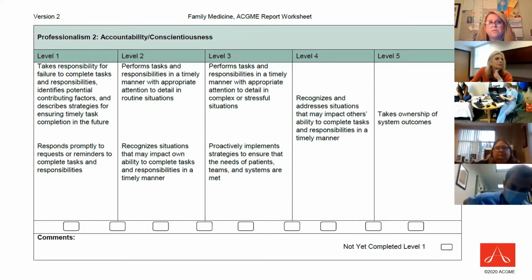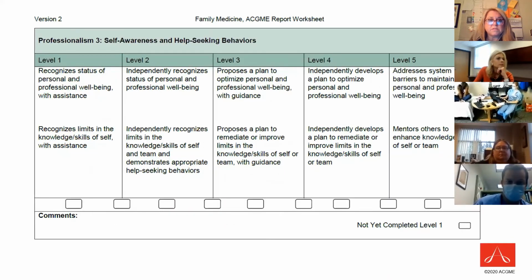Professionalism 2 is accountability and conscientiousness. So if you're not turning in your paperwork, if you're not attending conference, if you're not following through on commitments, that will affect your professionalism P2 score. So we really want to encourage and promote and develop all of us to be accountable in our practices.